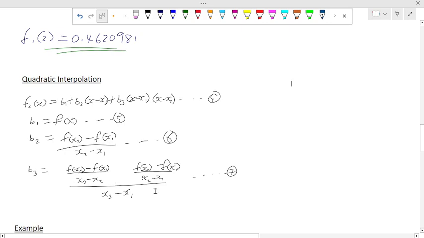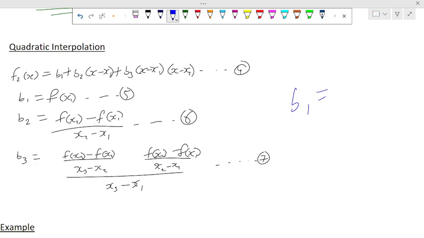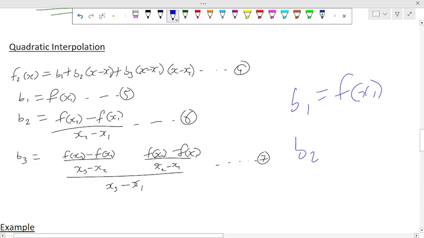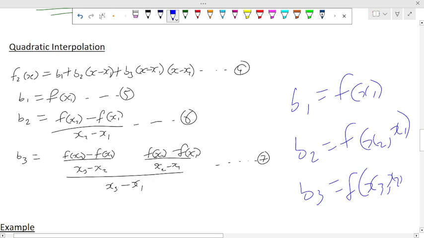Now a way to think of it is that we are seeing it as b1 equals f of x1, b2 as what? f of x2, x1, and b3, x3, x2, x1.